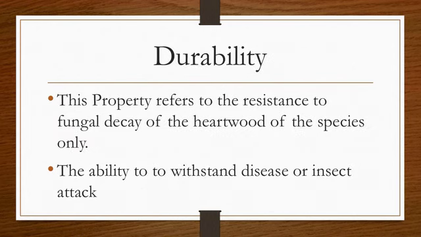Durability now. Durability speaks to the resistance of tree timber to fungal decay of the heartwood of the species. That's just a really big way of saying the timber's ability to withstand diseases or insects.